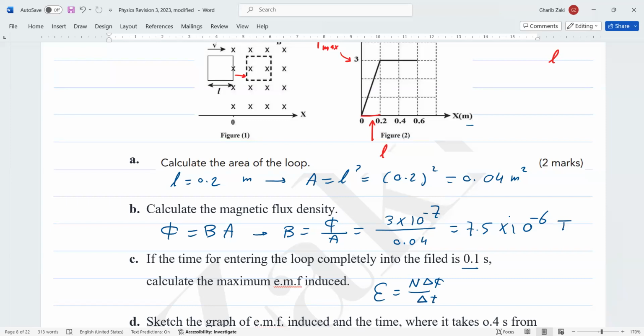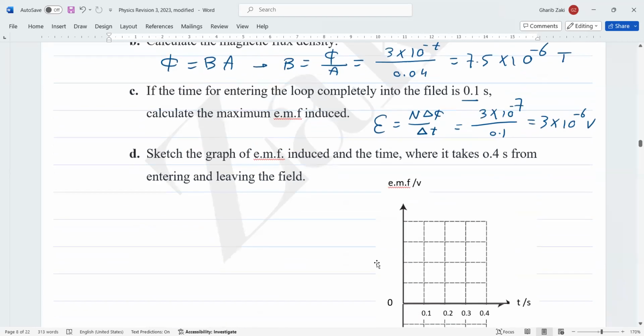Delta phi here is the maximum value of phi, or the change. So delta phi here is 3 multiply 10 power negative 7, divided by delta T, which is 0.1. So the answer is 3 multiply 10 to the power negative 6 volt.